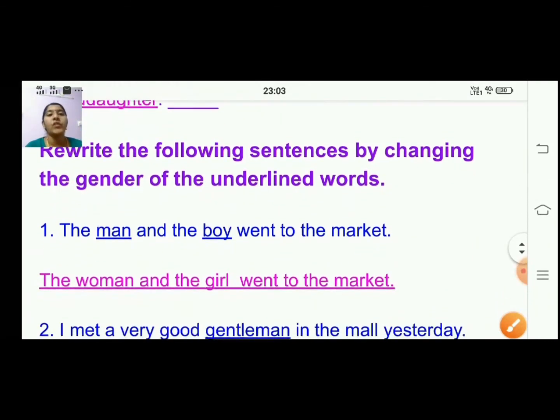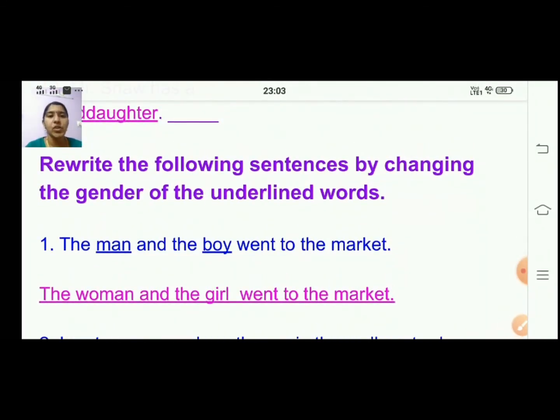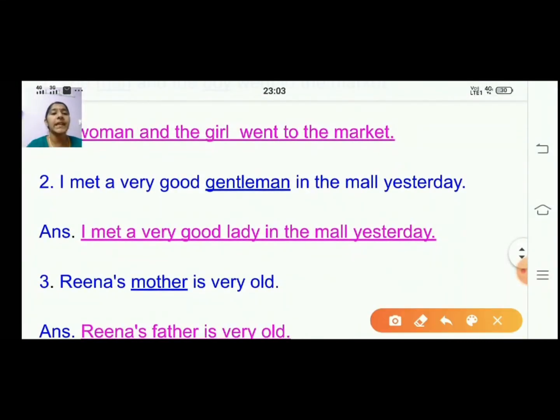Then we saw about rewriting the following sentences by changing the gender of the underlined word. So whichever word is underlined, you are going to change it to the other gender. If it is a male gender, you will change it to female. If it is female gender, then change it to male, right? So here man has been changed to woman, boy has been changed to girl, right? Similarly, in the second sentence, gentleman is changed to lady, masculine gender, ladies feminine gender.